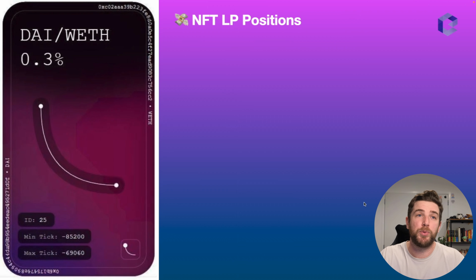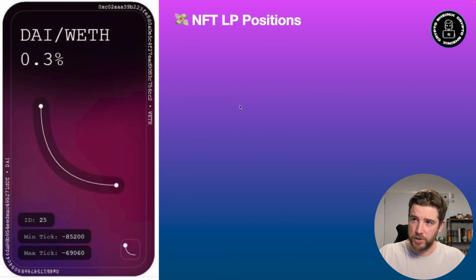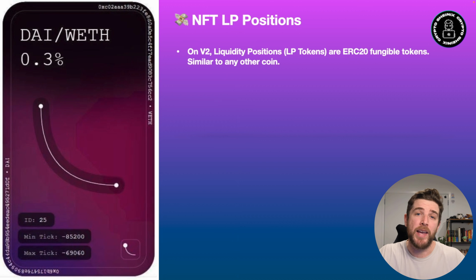So let's move now to another feature, which is just a byproduct of what we were talking about, not really a feature, but this is how an NFT looks on Uniswap of your liquidity provider position. And let's talk a little bit about why it is an NFT now and why it was an ERC20 before.